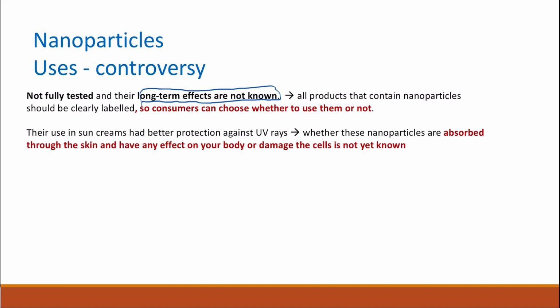Whether or not they can affect or damage cells is not well known. The long-term effect of their usage is also not known. So it might be useful on one side, but it might have its own harm on the other side as well. This is why the use of nanoparticles has been controversial.